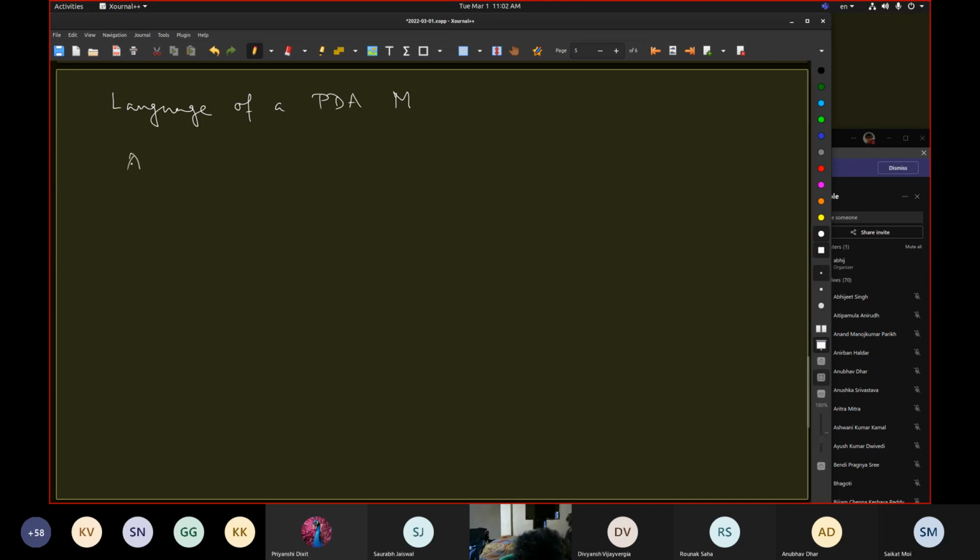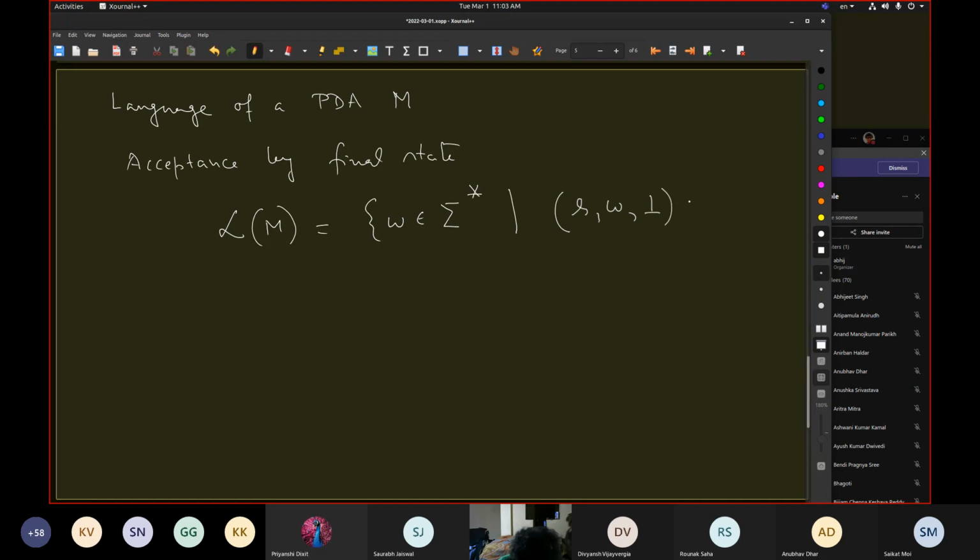If it is acceptance by final state, the language of M is precisely those strings W in sigma star such that the initial configuration S, W, goes to F, epsilon, gamma for some F in F and gamma in gamma star.